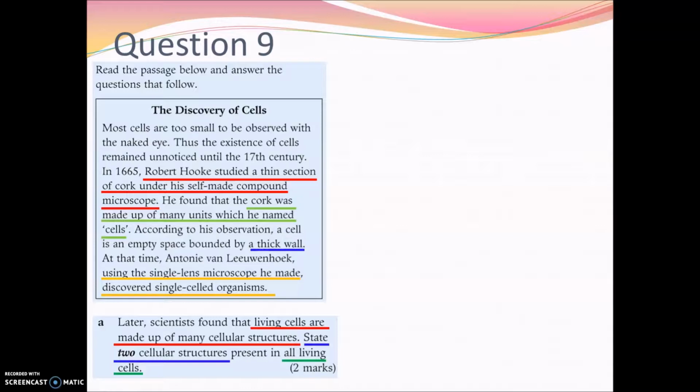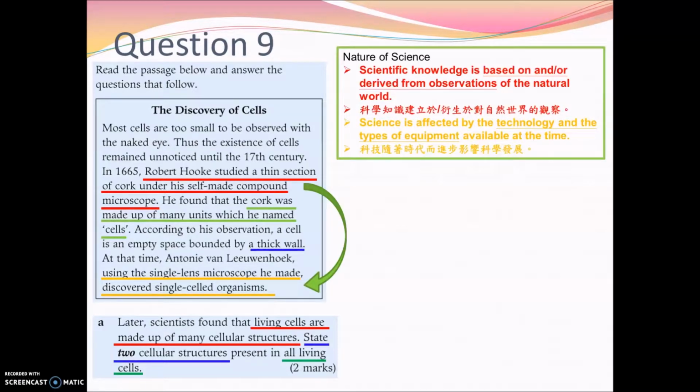Before I talk about part A, I would like to talk about the nature of science first. It is a concept from chapter 1. For the red part, it explains why Robert could discover the cell, and later on other scientists constructed the concept of cell theory: all organisms are made up of cells.